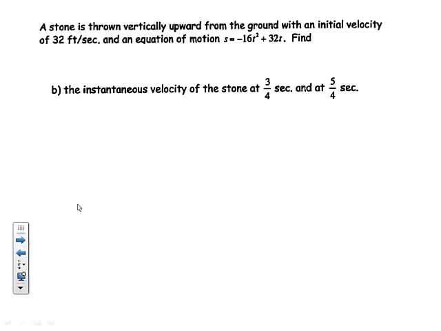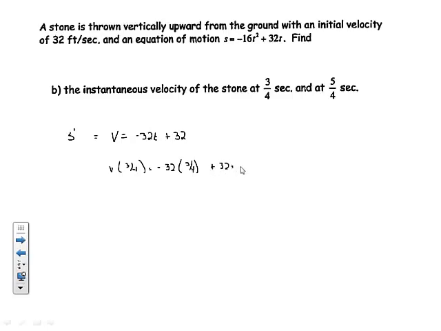Second question, what's the instantaneous velocity? Well, the instantaneous velocity is the derivative. So I'm going to take the velocity, which is the derivative of s. Using the power rule, the velocity is negative 32t plus 32. So then the velocity at 3/4 of a second would be negative 32 times 3/4 plus 32.